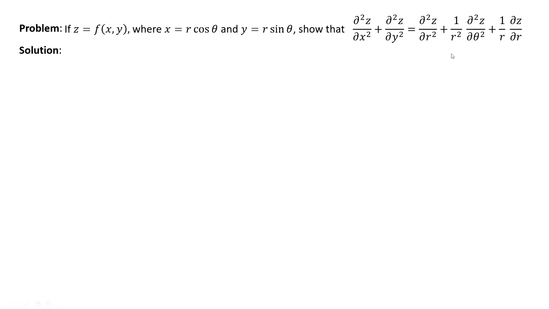But what if we are talking about something that has radial symmetry? What do I mean by radial symmetry? A circular pipe. Would you agree that a circular pipe has radial symmetry? No matter what angle you pick, it's the same radius.